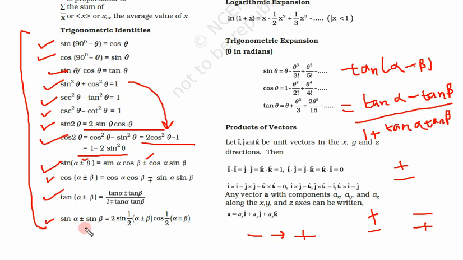Sin alpha plus sin beta. See, there is a difference. Here we are adding the angles. Here two sine terms are added. So sin alpha plus sin beta. Here what we were doing? First adding the angles, then taking sine.